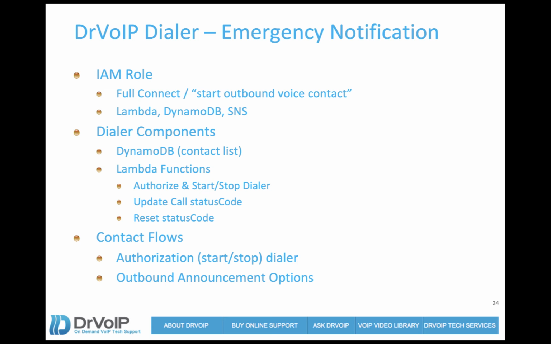The Lambda functions: we're going to need a function to authorize the start and stop of the dialer, one to update the call status, and one to reset the status code. So the contact flows are basically the authorize start-stop dialer and the outbound announcement options.